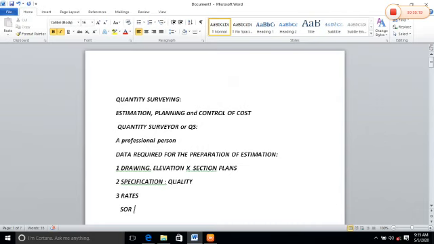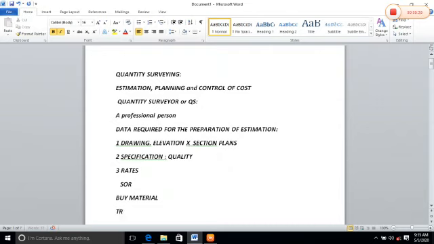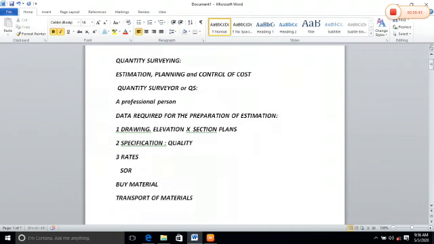In rates, we deal with materials, transport of material and labor cost.